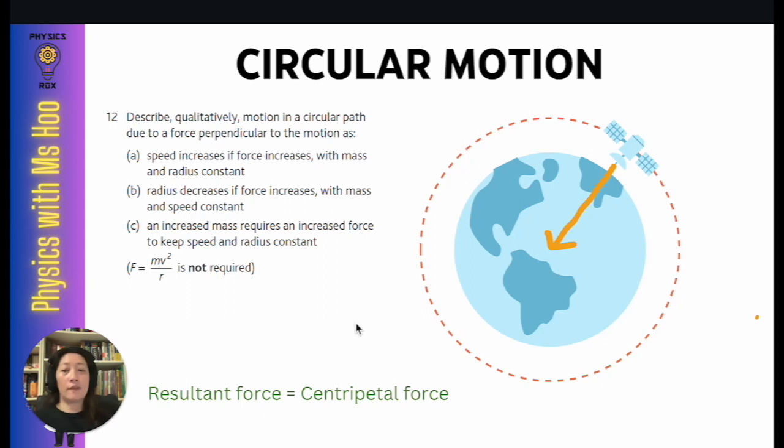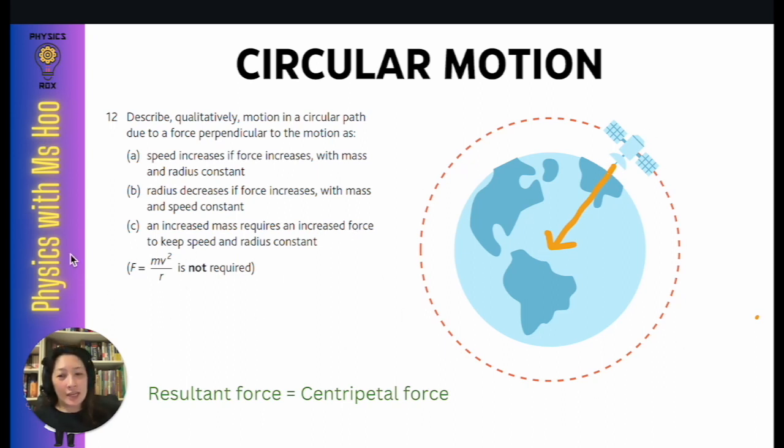You need to be aware of the factors that affect the centripetal force. The force increases when the speed increases, or the radius decreases, or the mass increases, as written here. You can actually make a reference to the factors by using this formula, F equals mv squared over r, where F is the centripetal force, m is the mass of the moving object, v is the speed of that object, and r is the radius of that circular path.